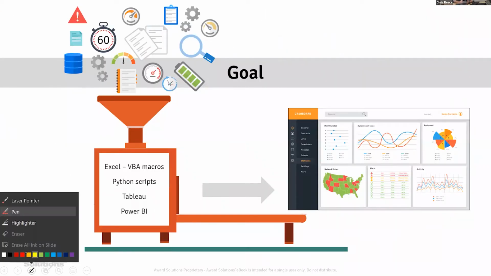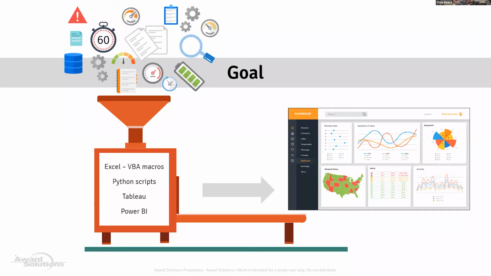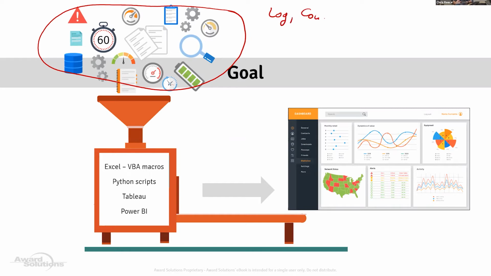So if we take a step back, our goal is fundamentally this. We've got a lot of information, and that's what I'm representing with all of the objects here at the top of this graphic. And this can include things like logs, counters, alarms, status, as well as things that we don't typically think about.